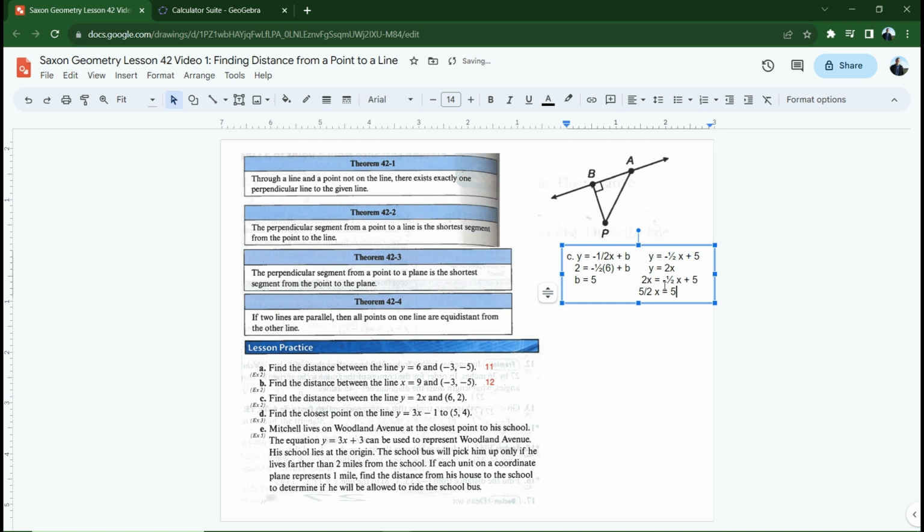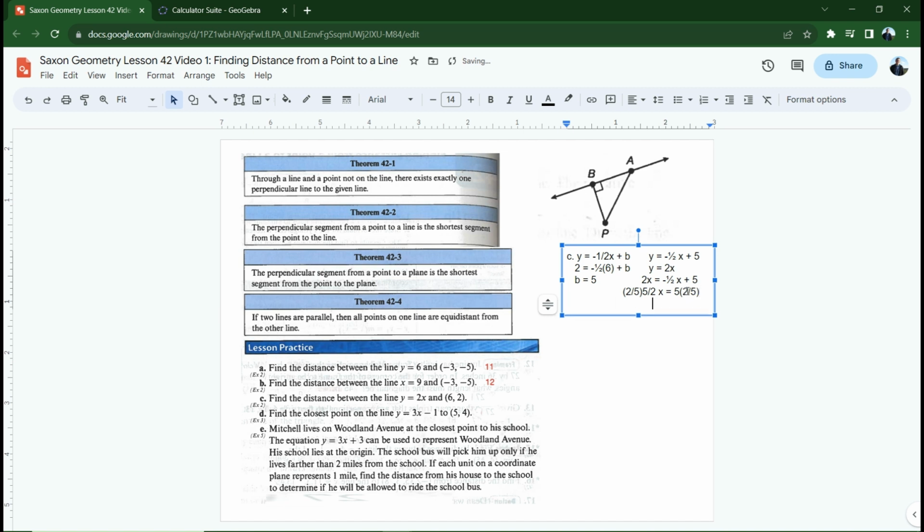And then I need to divide both sides by 5/2. Dividing by 5/2 is the same as multiplying by 2/5. So let's just write it out that way. Let's say that I'm multiplying this side by 2/5, and then I'm multiplying this side by 2/5. What's 5 times 2/5? It's just 2.